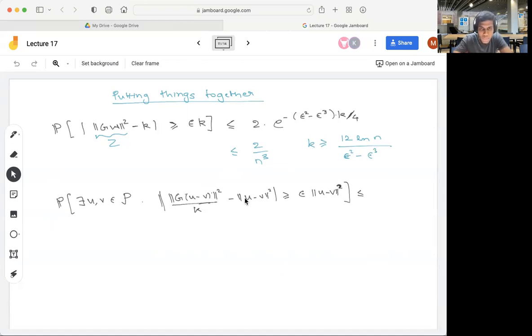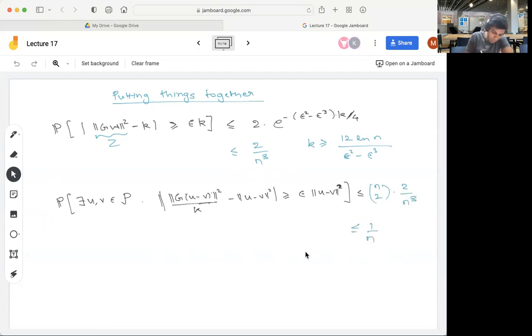And based on what we said earlier, the probability that there is any pair of points for which the distance deviates too much is upper bounded, because of the union bound, by n choose 2 times 2 over n cubed, which is less than or equal to 1 over n.